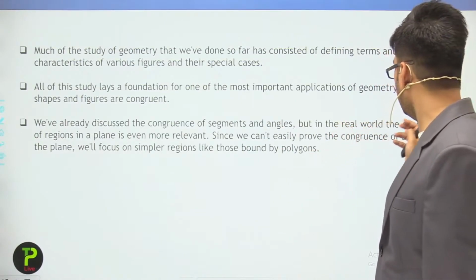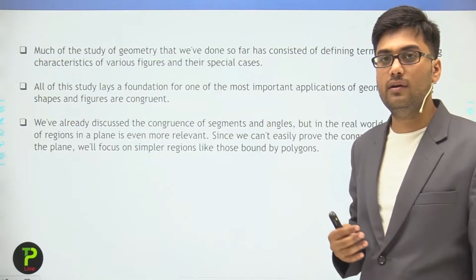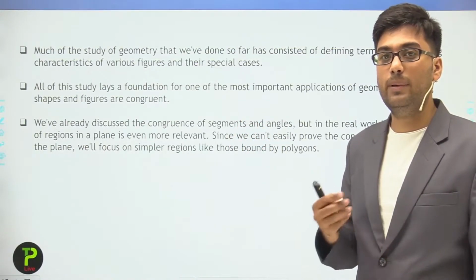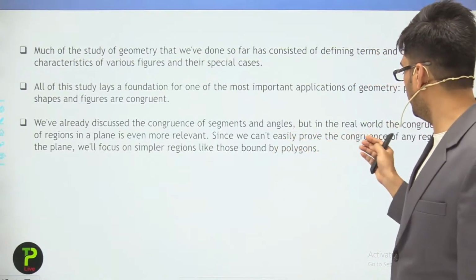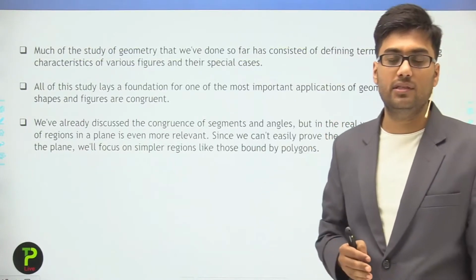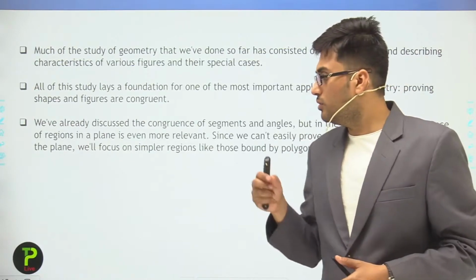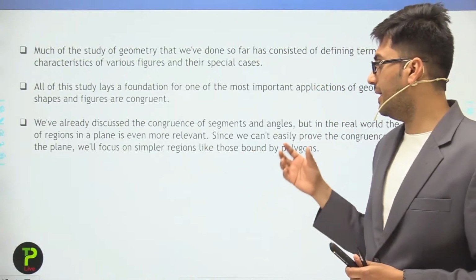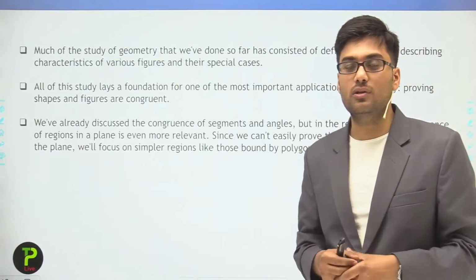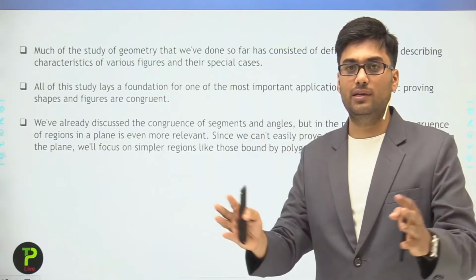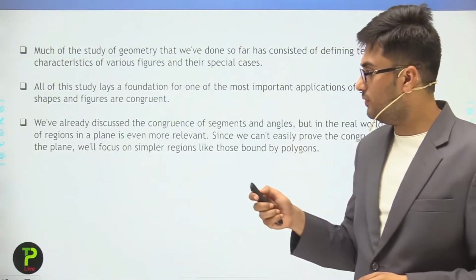But in the real world, the congruency of regions in a plane is even more relevant. In the real world, it is required to know the congruency of plane figures. It is more relevant since we cannot easily prove the congruency of any region in the plane. So we will focus on simpler regions, like those bounded by polygons.